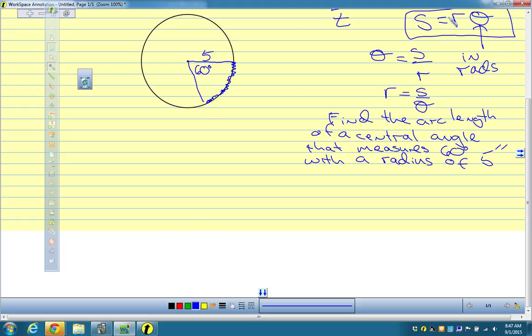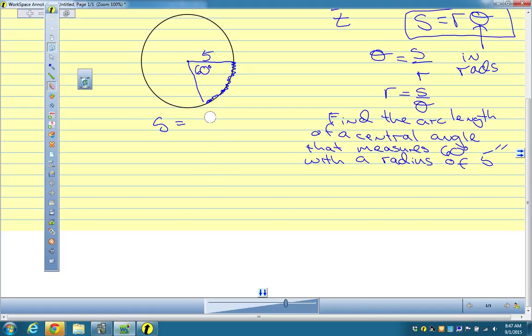So I could use this formula, but what's wrong with this 60 degrees? What do I have to do with it? Convert it into radians. How many radians is 60 degrees? Pi over 3. Okay? And so all you have to do is plug into this formula. So S is equal to 5 times pi over 3, right?